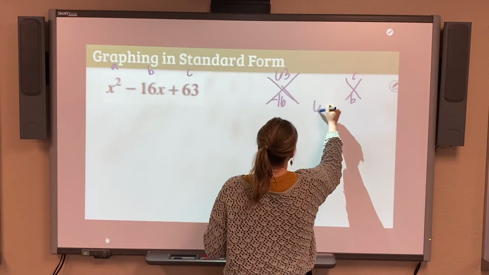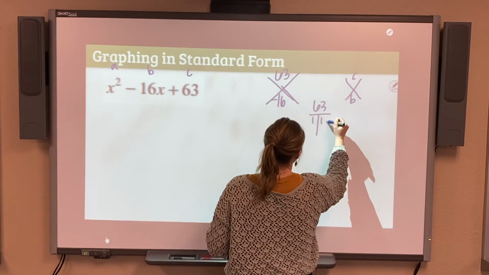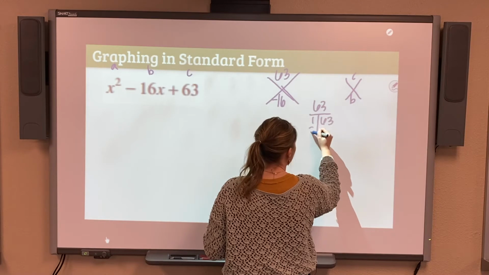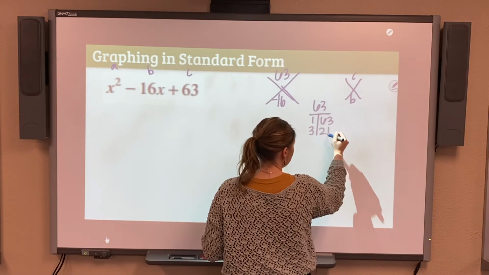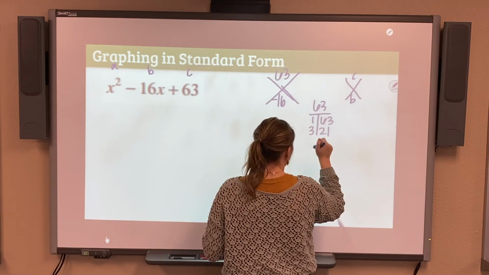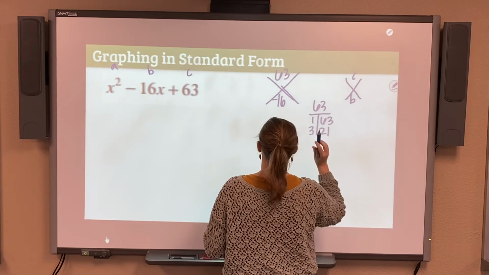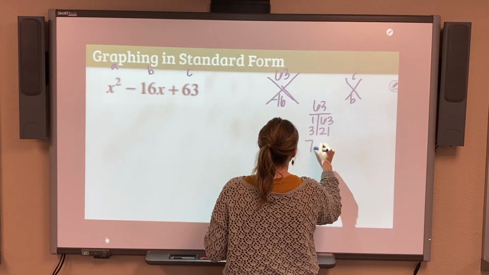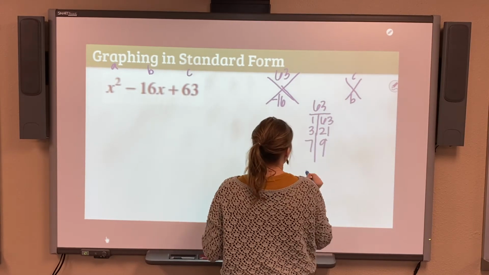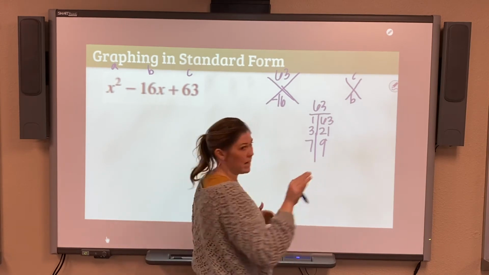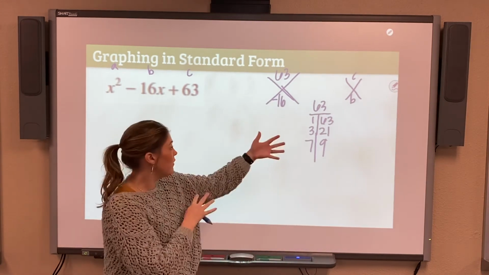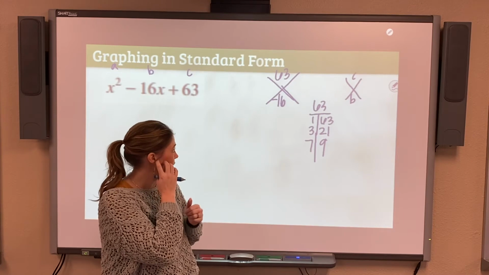Okay, so 63, we have 1 and 63. 2 doesn't go into it, 3 does 21 times. No 4, no 5, no 6, no 7, and 9, okay? And then 8 doesn't, we're back at 9. So those are all of the multiples of 63.